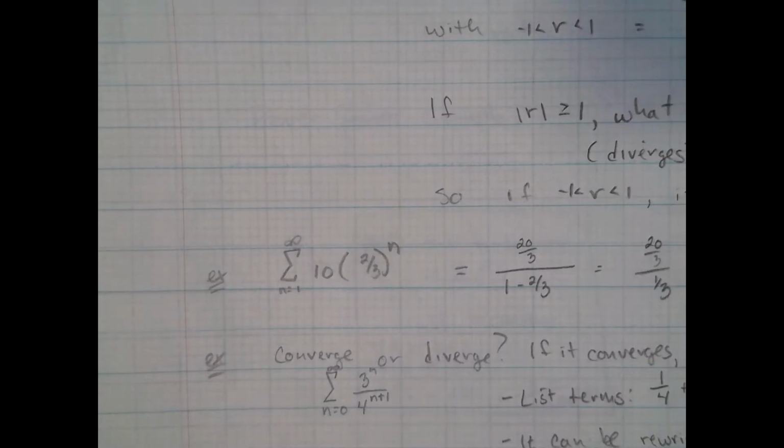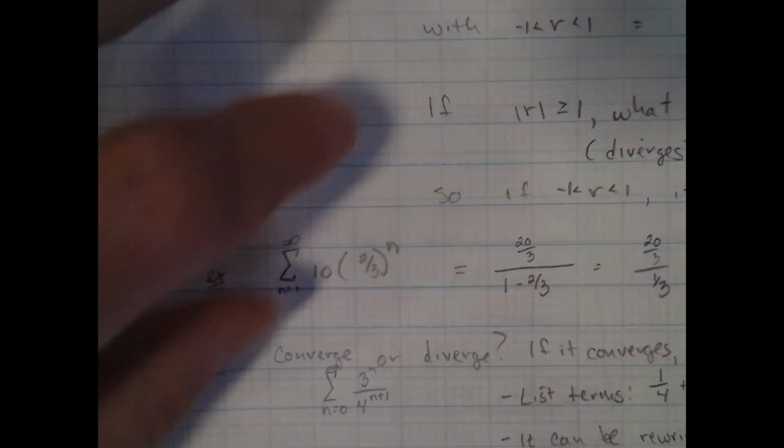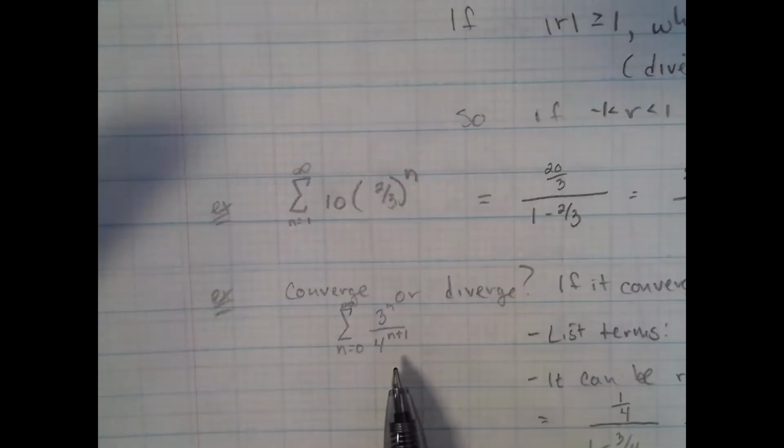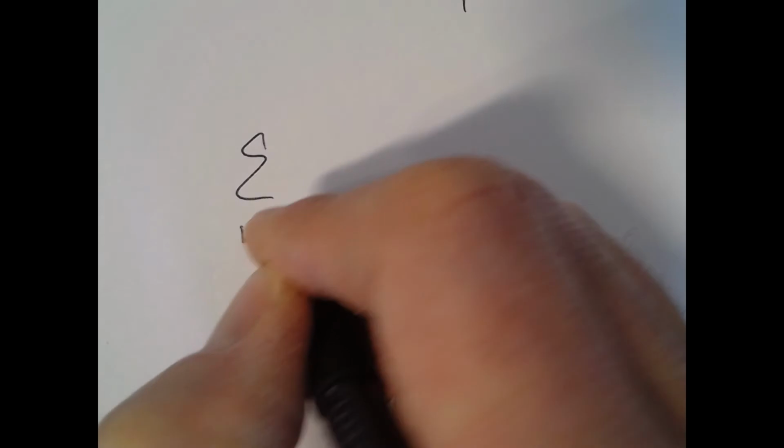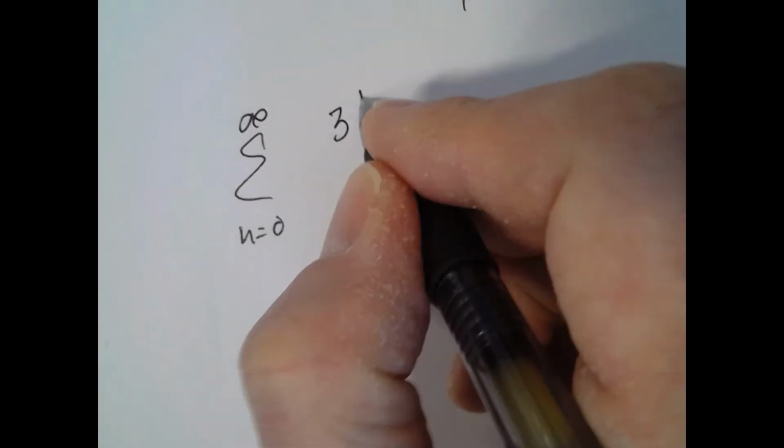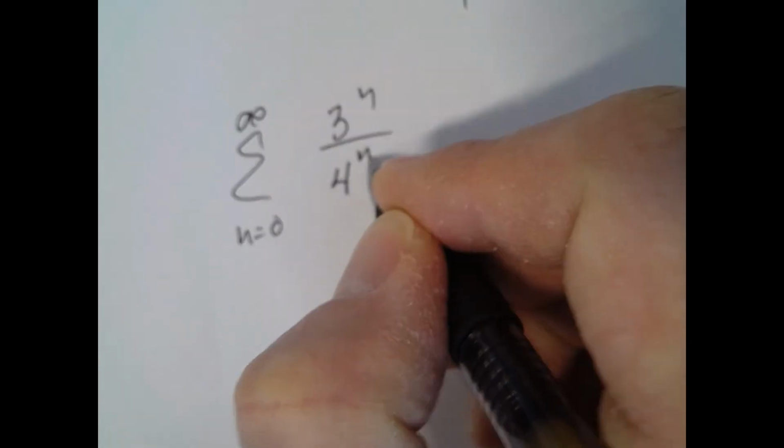Okay, so what about 3 to the n over 4 to the n plus 1? So what's that one going to look like? So this is out of your notes too, but I'll just write it down.